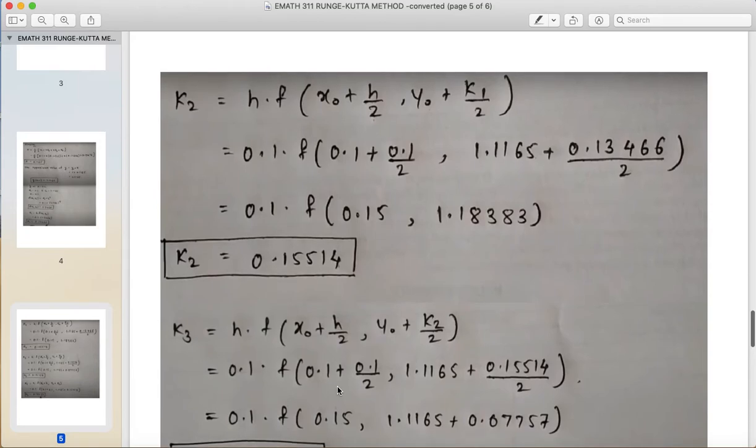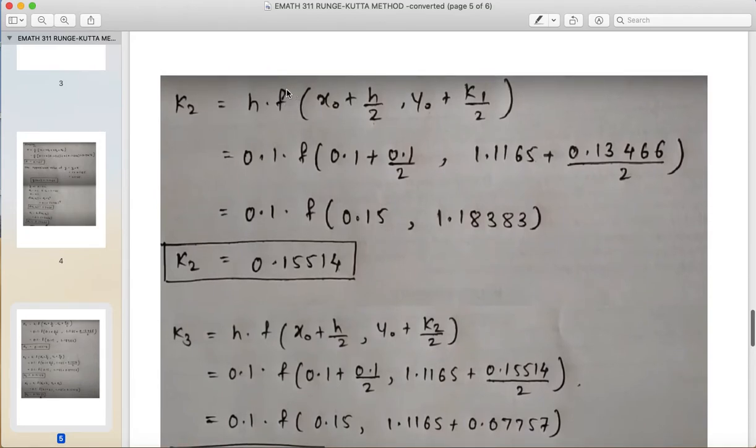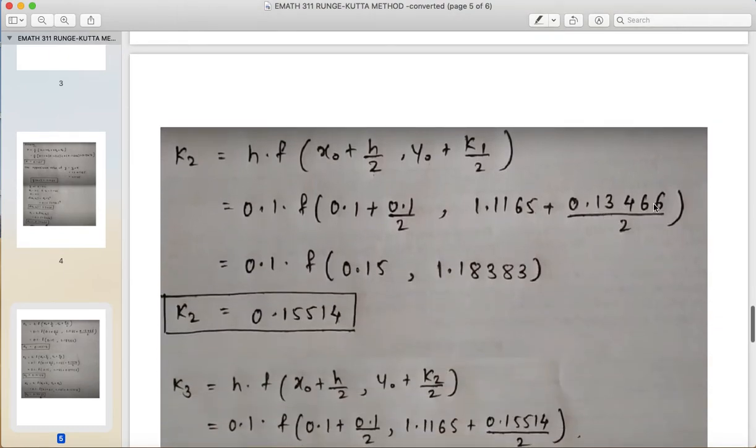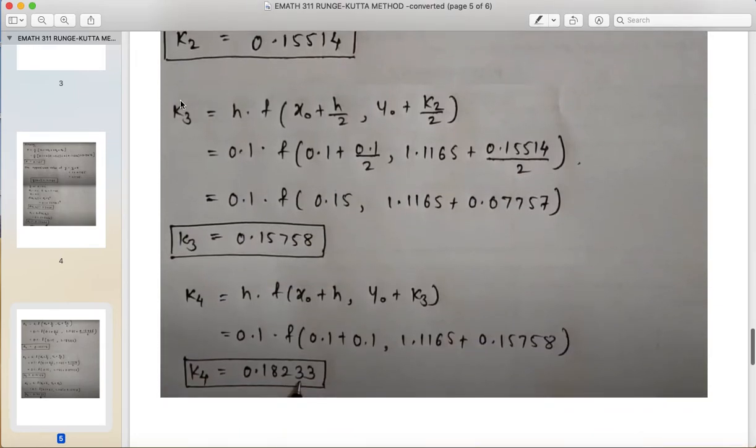Let's proceed to k2. Our equation for k2 is h into f of x naught plus h over 2, and then y naught plus k1 over 2. So we input all our answers. We have our k1, which we found earlier as 0.13466. We substitute all the values and we get k2. For k3, we also need this formula and substitute the value again from k2, since we have a k2 here.